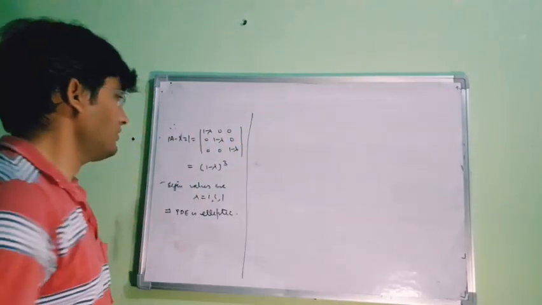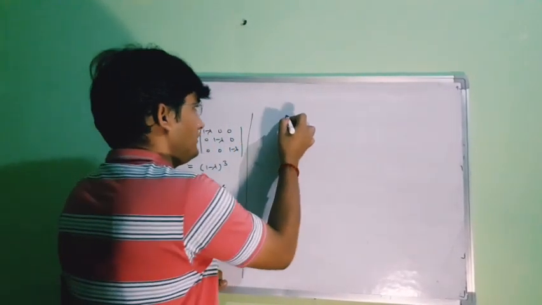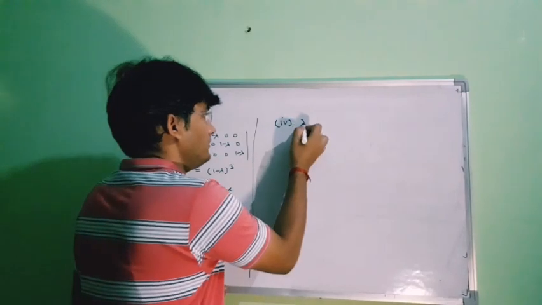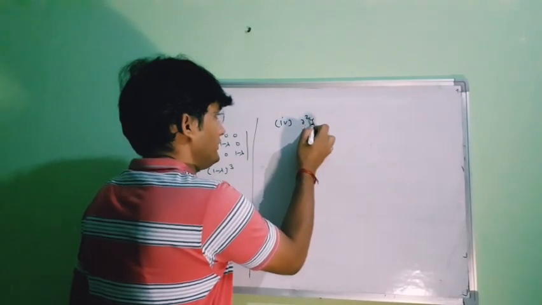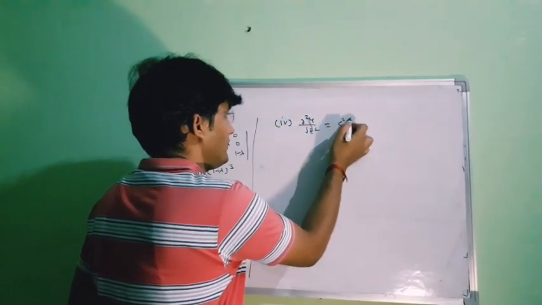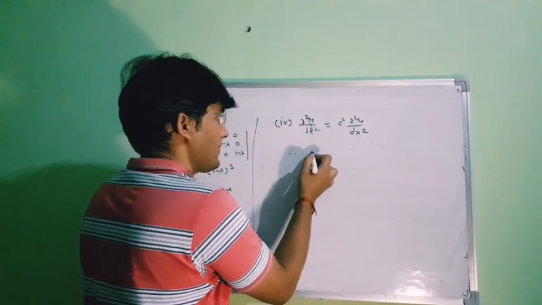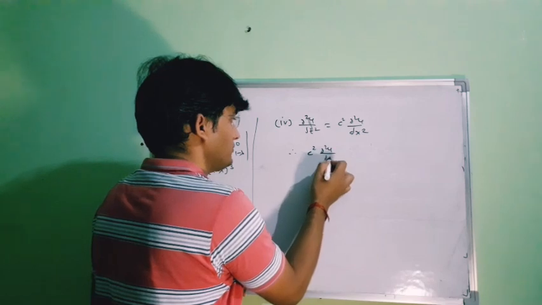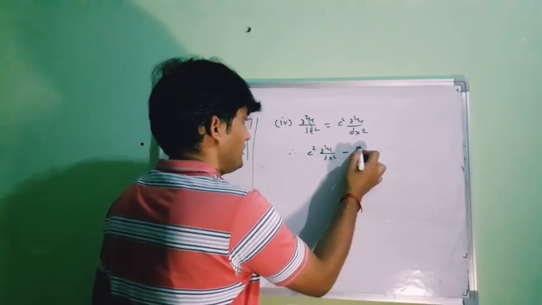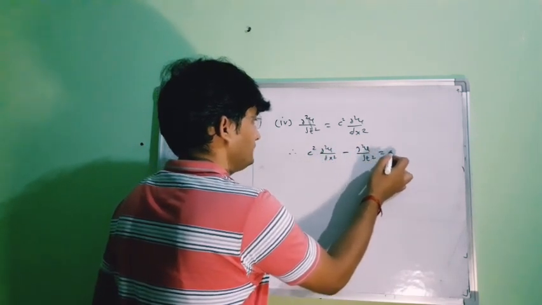Now the fourth part, which was del 2 u upon del t2 equal to c square del 2 u upon del x2. This can be written as c square del 2 u upon del x2 minus del 2 u upon del t2 equal to 0.